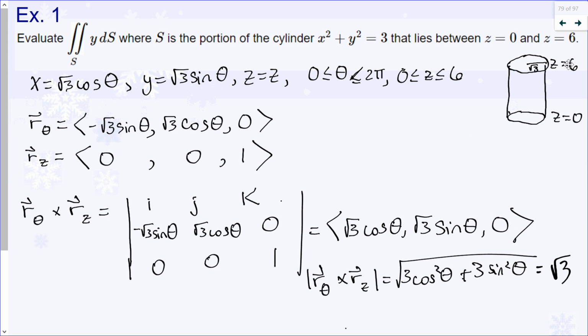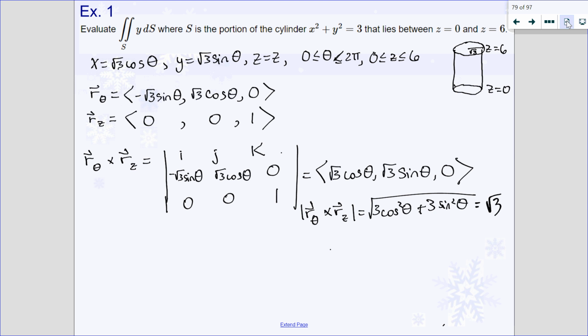So now bringing it all together, all I need to do is say that the surface integral with respect to the surface S of y dS equals the double integral, and I'm going to put in the bounds now, 0 to 2 pi for theta, 0 to 6 for z.